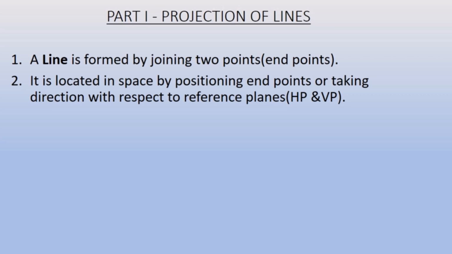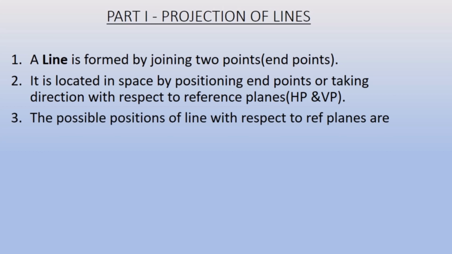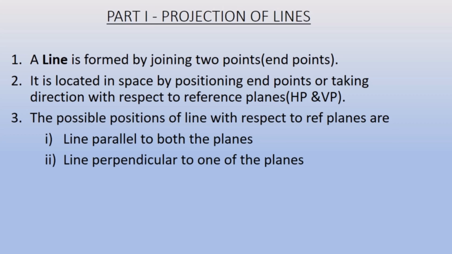This is similar to what we did in projection of solids, but here we are going to have only a single line. So there are possible orientations of a line with respect to reference planes. They are: line parallel to both the planes, that means a line will be parallel to both horizontal and vertical plane.